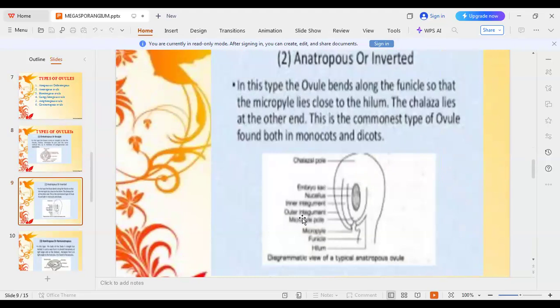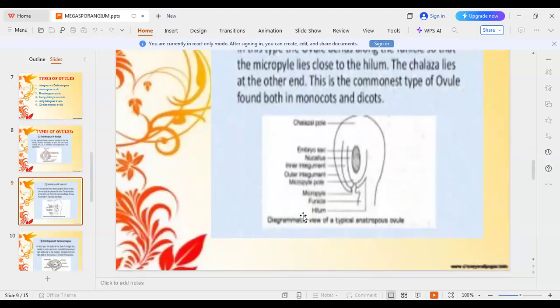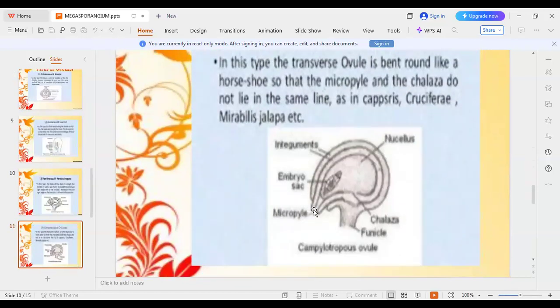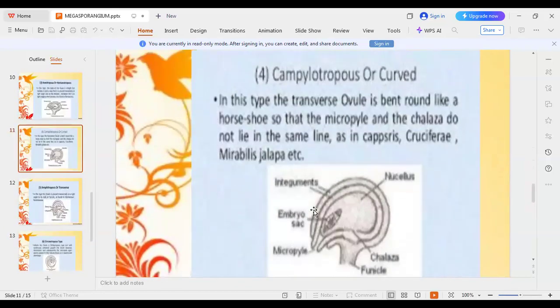A number of plants have only this type of ovule. The third one is hemitropous or hemianatropous, and the best example is Ranunculus. The fourth one is campylotropous or curved. It is present in Cruciferae and some of the Capparidaceae, Capparis, Mirabilis jalapa, and some gram plants.